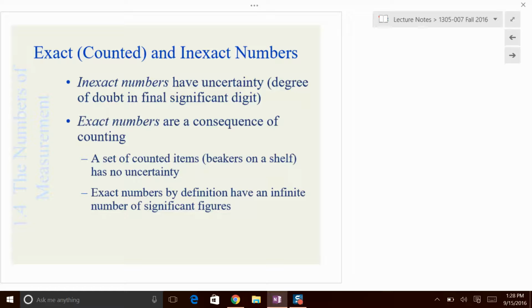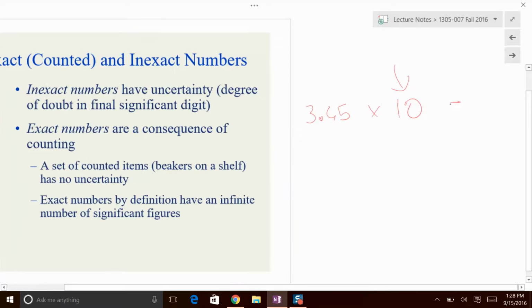So 3.65 times 10, if this is an exact number, equals 36.5, and I'm trying to determine how many numbers to carry over. If I considered 10 as one significant digit, I would round 36.5 to 40, because I would only report one significant digit.